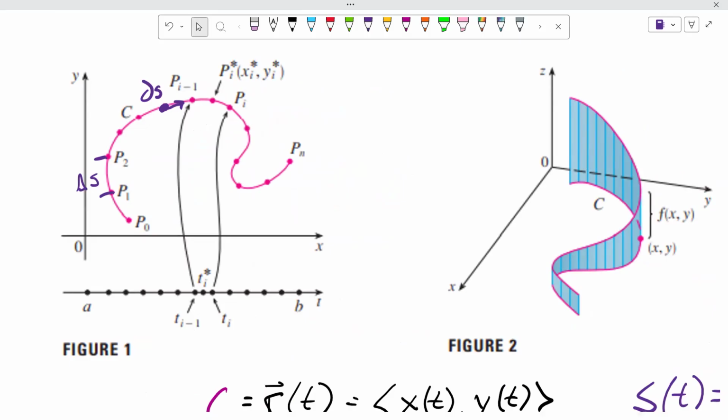My rectangles are just now curving through space, but that's going to be okay because we can still take some infinite limits to get them back down to some super small value. But the same thing ought to happen with ds, where it should be a small change in s, or a small change along the curve, in the same way that dx would have been a super small change along just the x-axis.